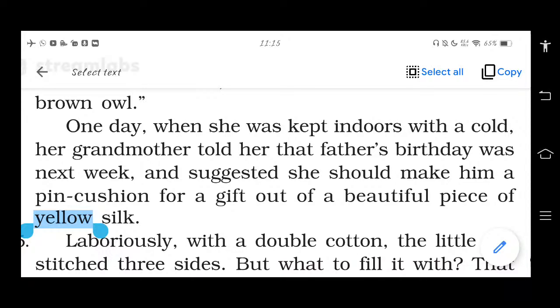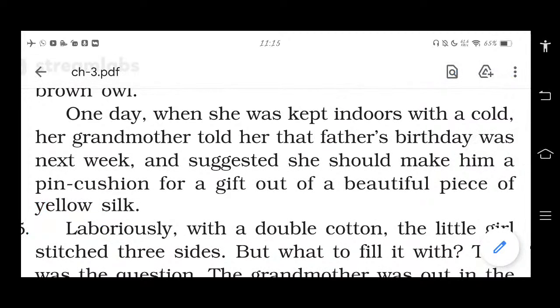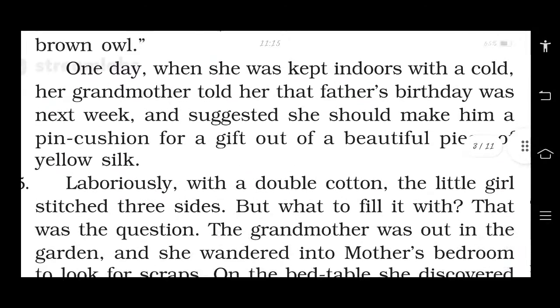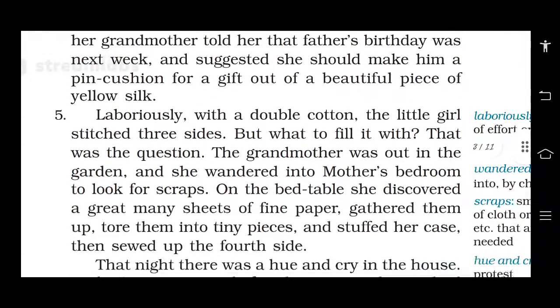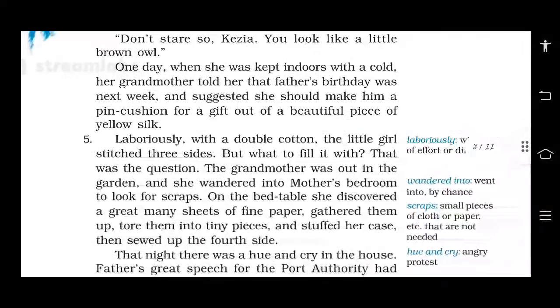As he is fond of sleeping, most probably here her grandmother suggested she make a pincushion with yellow silks. Okay, right. So afterwards what happened?